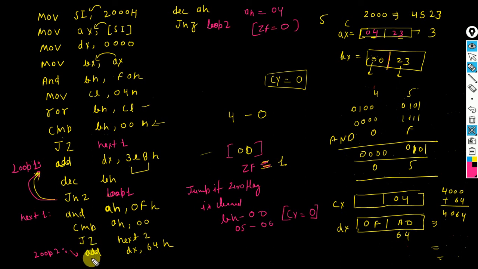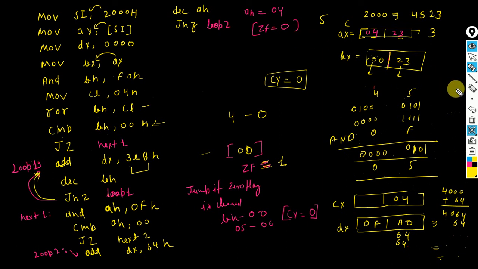So again ADD DX, 64H. Again you add 64 to our DX register, and again DEC AH means decrease the value of the AH register.